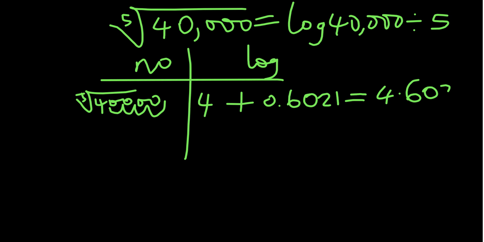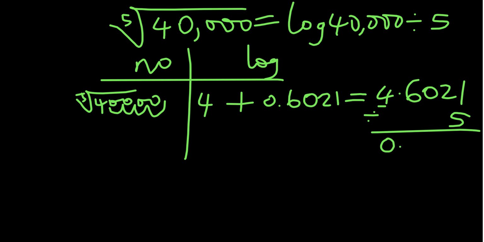So you have to divide this by the value of 5. When you do that, now listen very carefully. If you want to divide, you want to start from the left hand side. So in this case, 5 divided by 4, it won't go, so you write 0 and add 0 to 40.